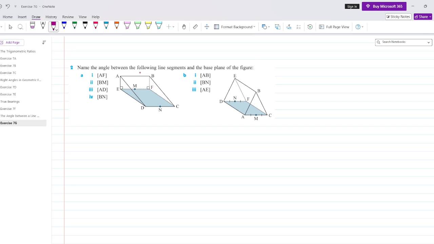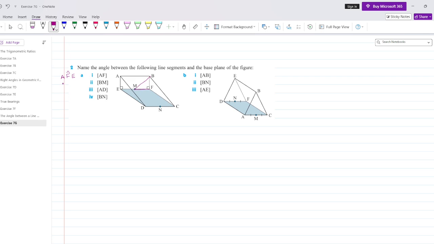Name the angle between the following line segments and the base plane of the figure. So AF is this line. Projection is this line. So the angle is going to be AFE. PM is this line, its projection is going to be this line, that is FM.